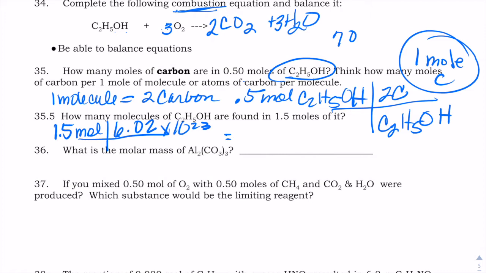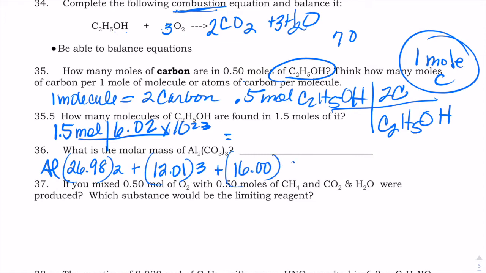Well, aluminum has a molar mass of 26.98. Carbon has a molar mass of 12.01, and there are 3 of them. Oxygen has a mass of 16.00, and there are 9 of them. So again, do the math.